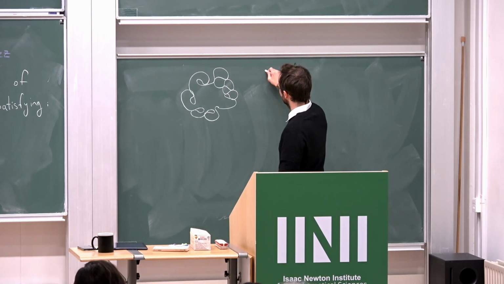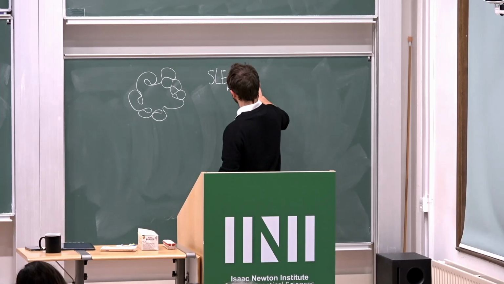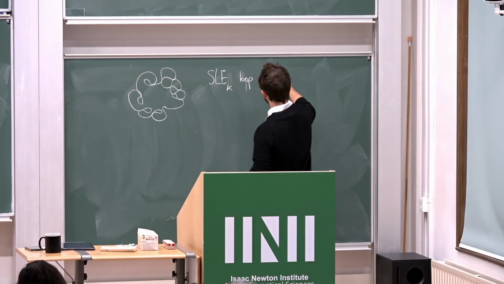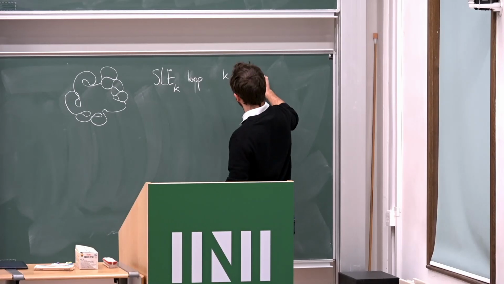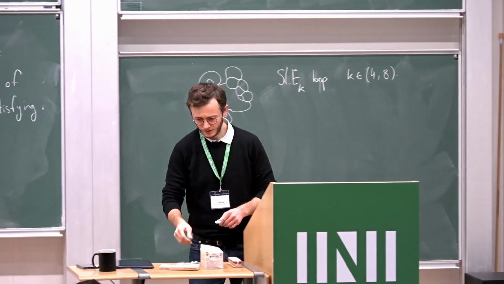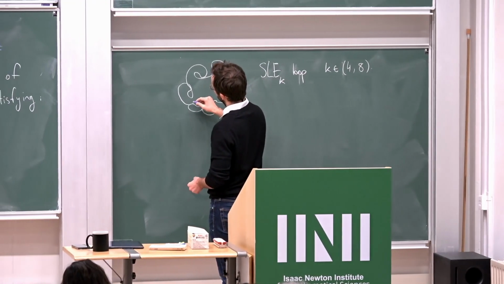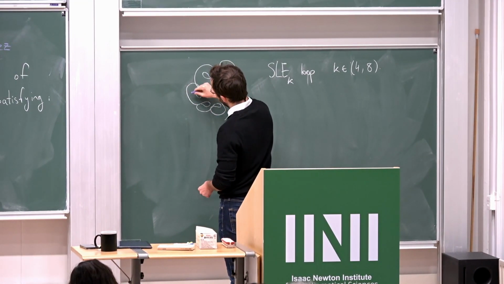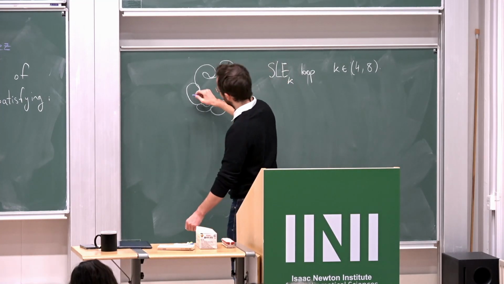So this is SLE kappa loop for kappa between 4 and 8. And you can look at the boundary of the connected component connecting infinity.